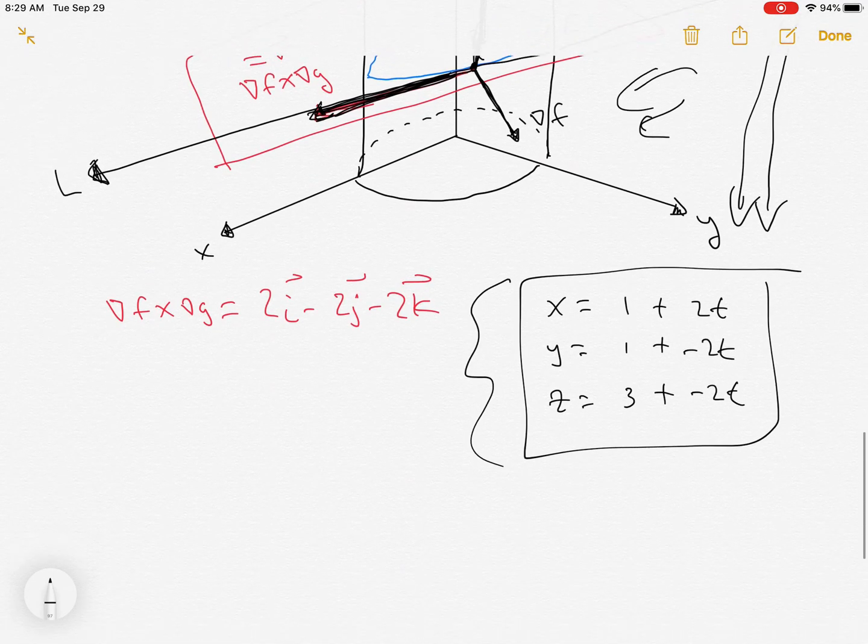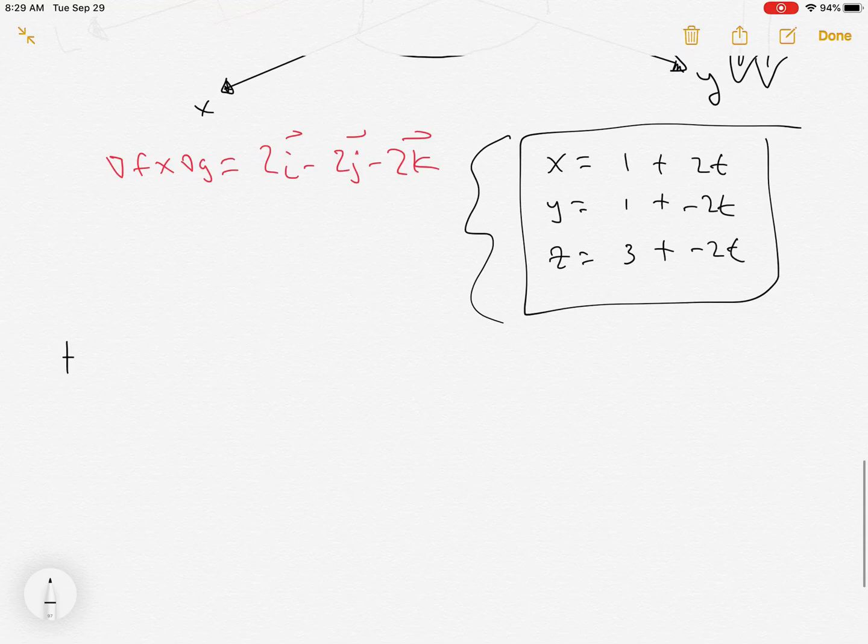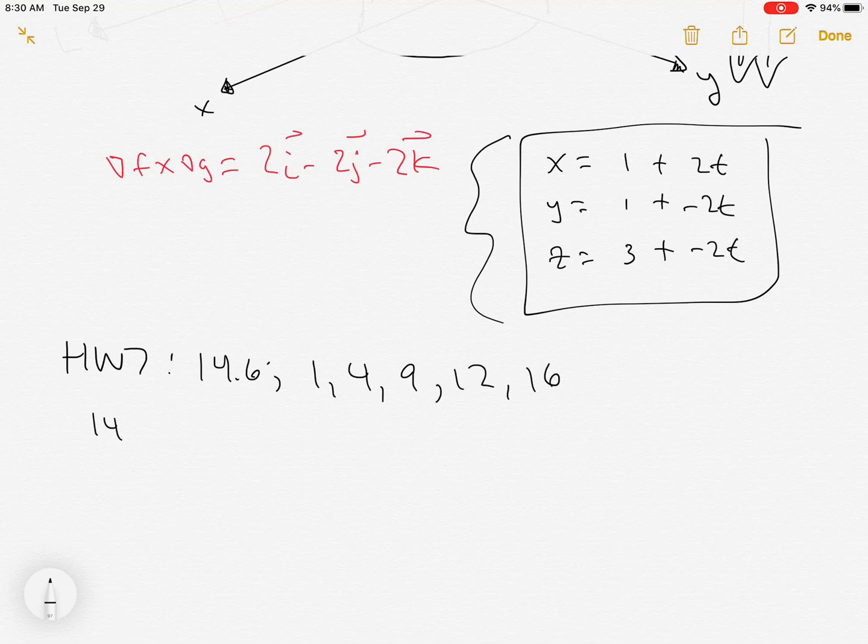Okay. These problems are really, really hard to sort out. I mean, the math is super easy, but getting this picture to cooperate and see what you're looking for is tricky sometimes. I want to give you all of homework 7, even though we haven't done one of the sections yet, just so it's all in one place. So 14.1: 4, 9, 12, and 16.